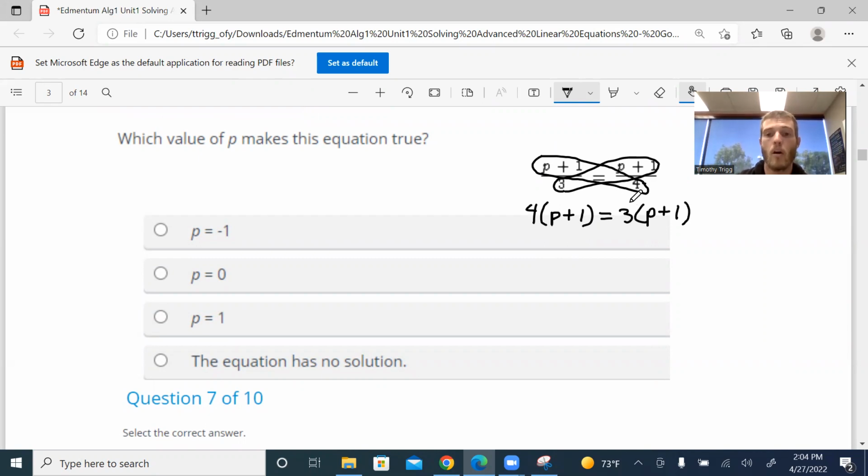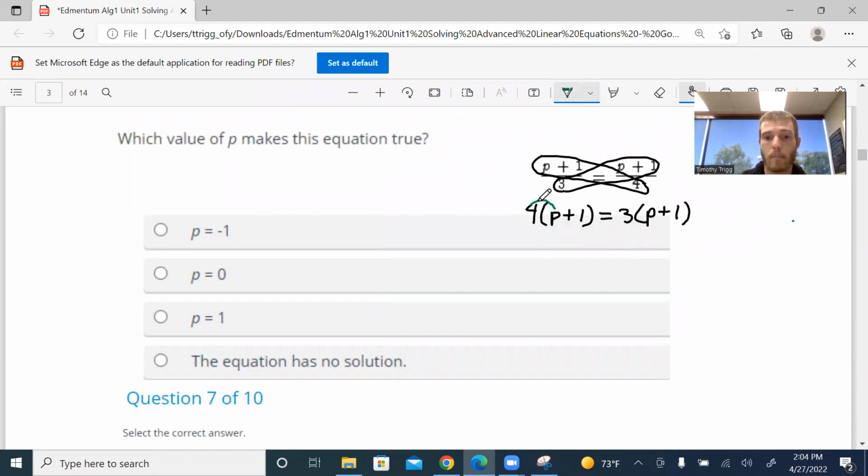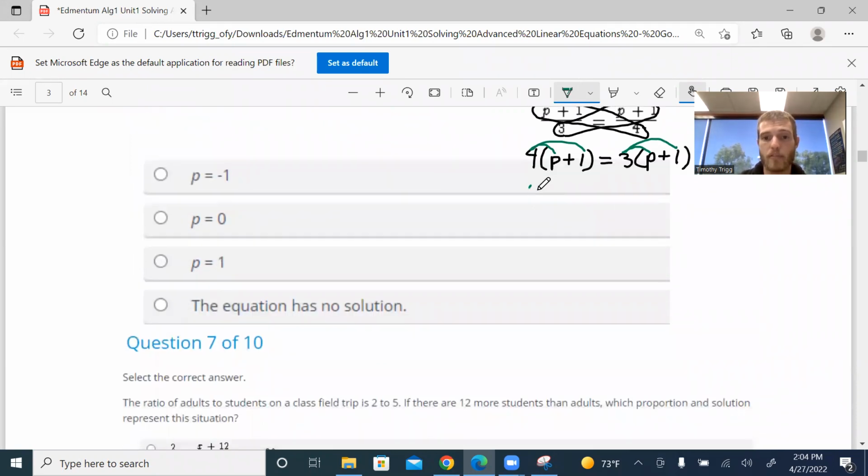Okay. What's going to be my next step? Well, I hope you agree that we're going to distribute this 4 here and distribute this 3 here. 4 times p is 4p plus 4, because the 4 multiplies with the 1, equals 3p plus 3.